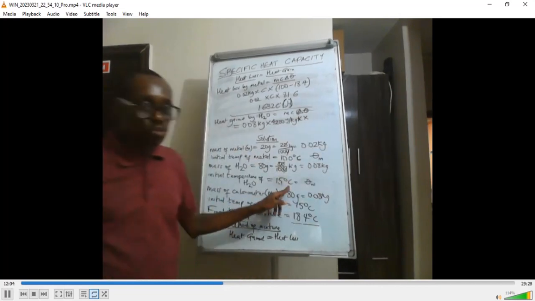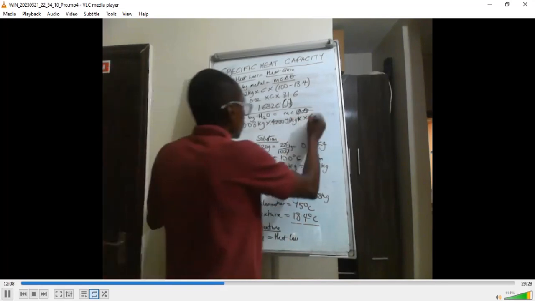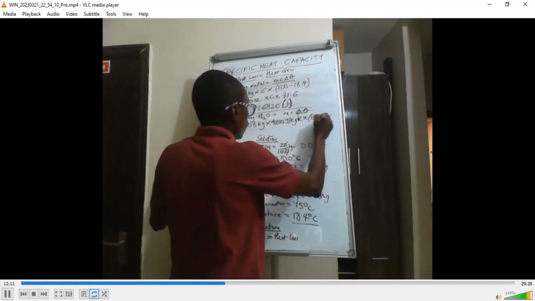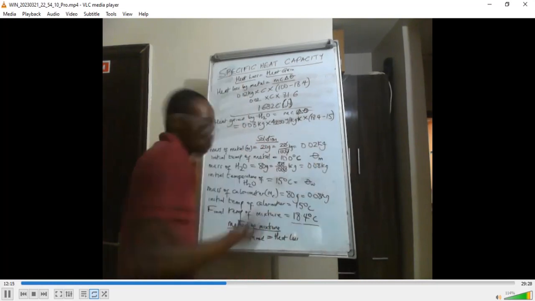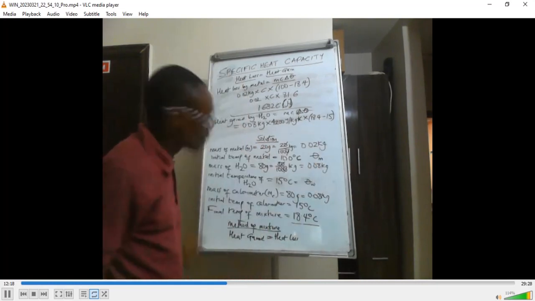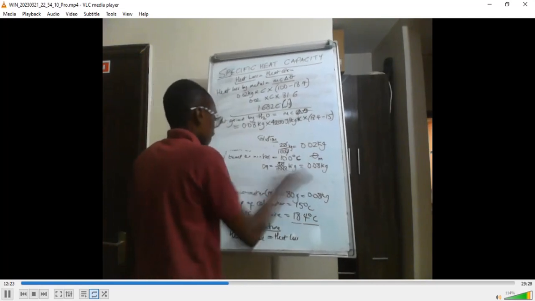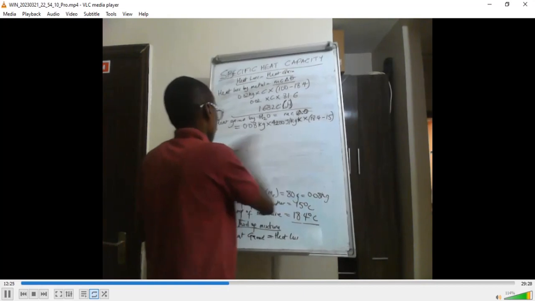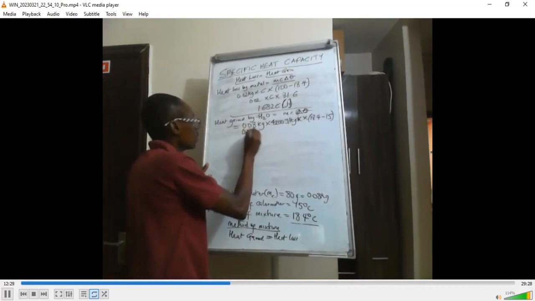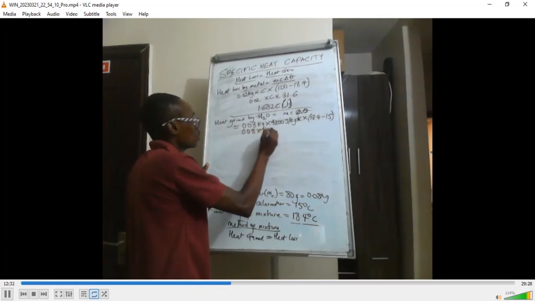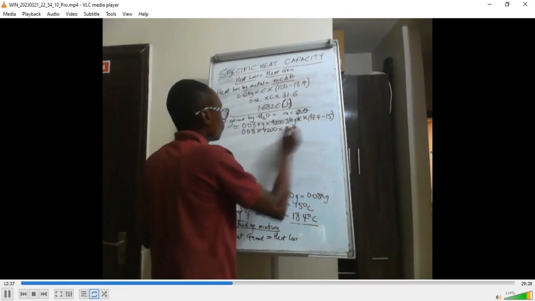The initial temperature of water was 15. The final temperature of the mixture was 18.4. So the change is 18.4 minus 15 degrees Celsius. So this is going to be 0.08 times 4,200 times 3.4, because 18.4 minus 15 is 3.4.